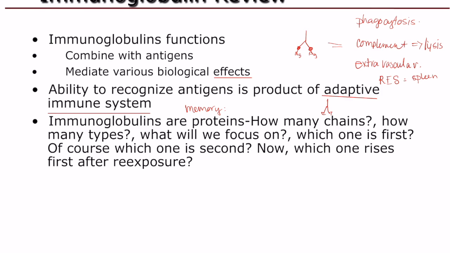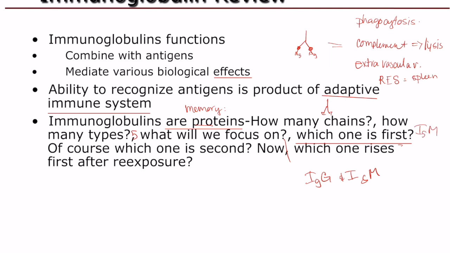Now remember, immunoglobulins are proteins, right? How many chains? We have our light chain and our heavy chain. How many types? We have 5 isotypes. Which ones will we focus on in blood bank? We focus on IgG and IgM. Which one shows up first?